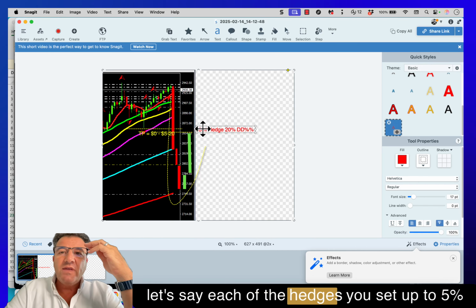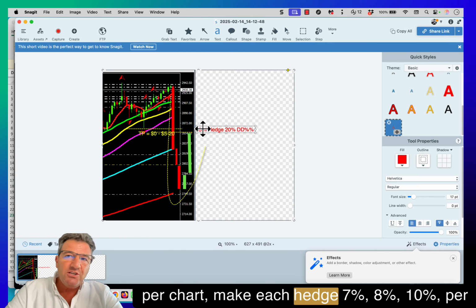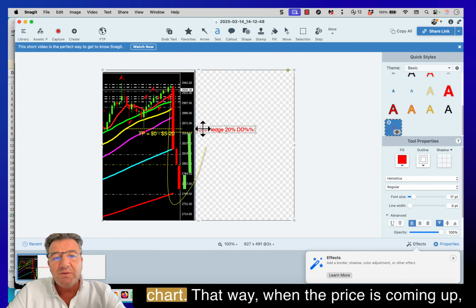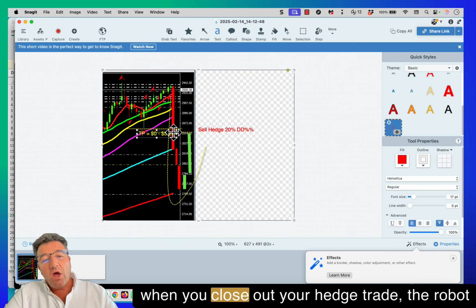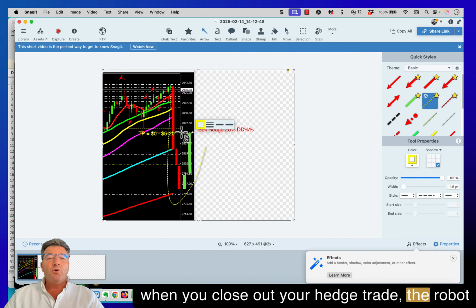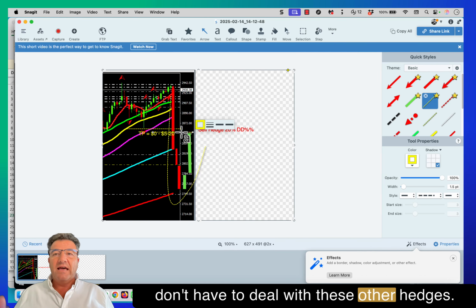And let's say each of the hedges you set up to 5% per chart, make each hedge 7%, 8%, 10% per chart. That way, when the price is coming up, when you close out your hedge trade, the robot is not going to re-hedge the account and you don't have to deal with these other hedges.